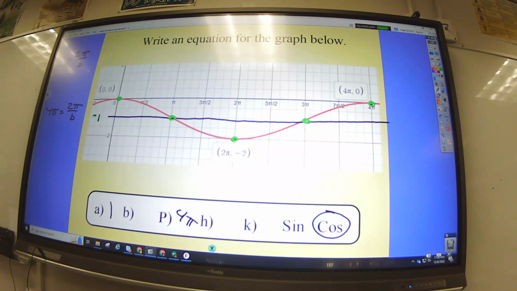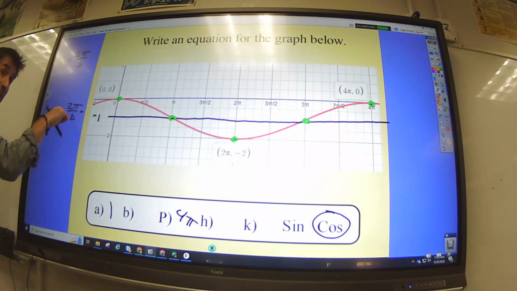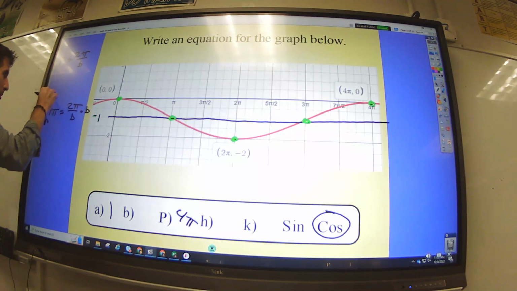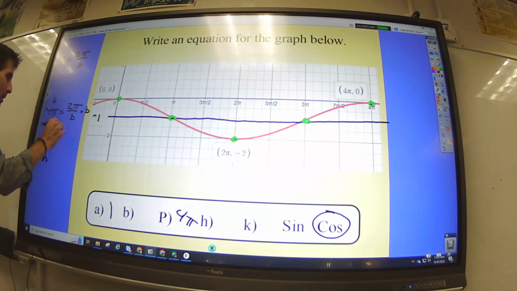How do I solve for B? What do I multiply on both sides? I can only multiply it by the denominator. So multiply it by B. So it's going to be 4 pi times B equals 2 pi.